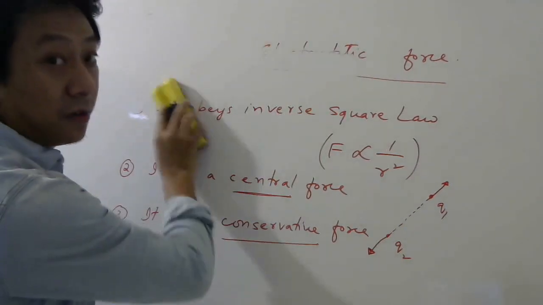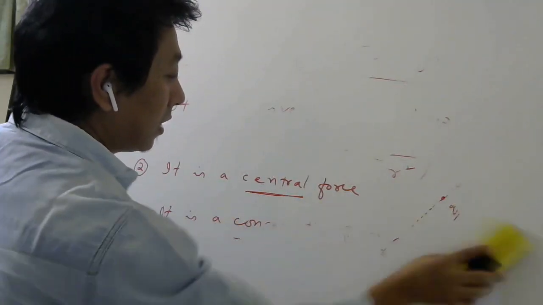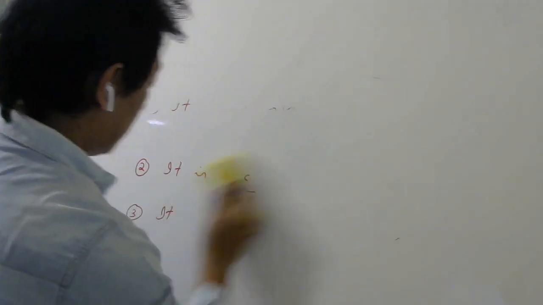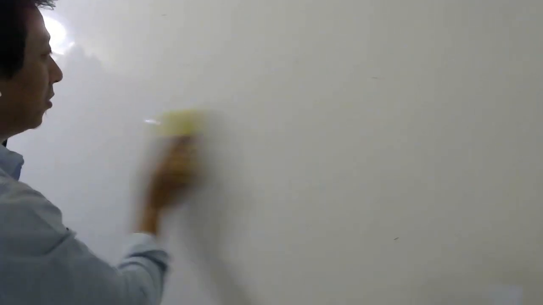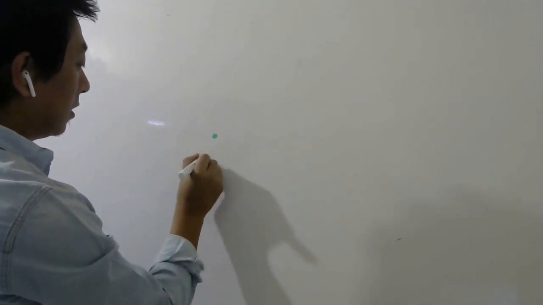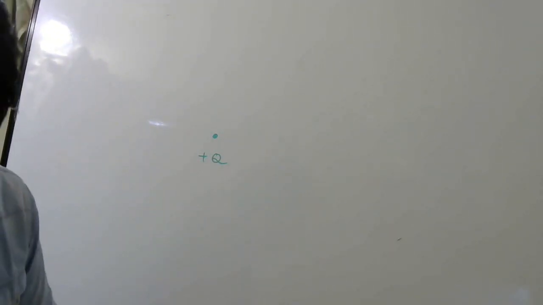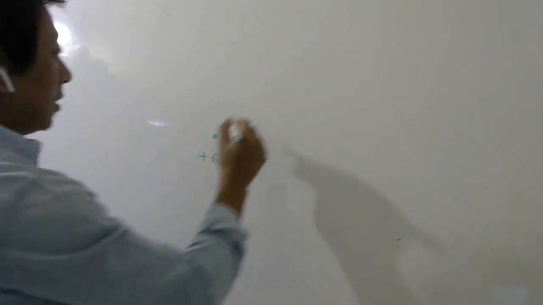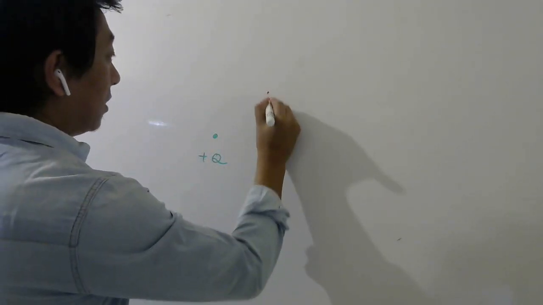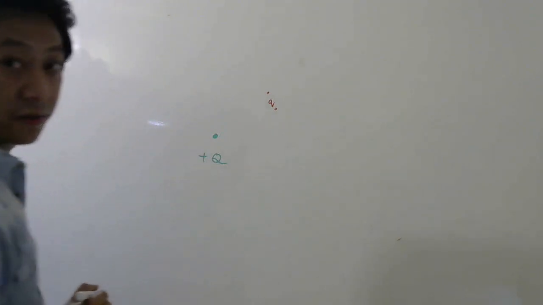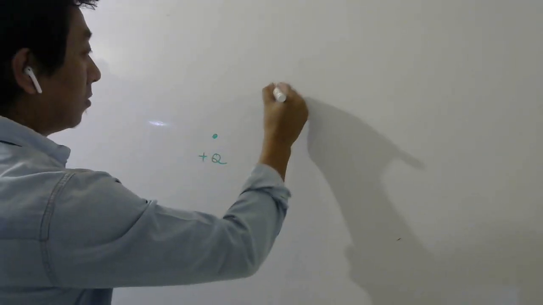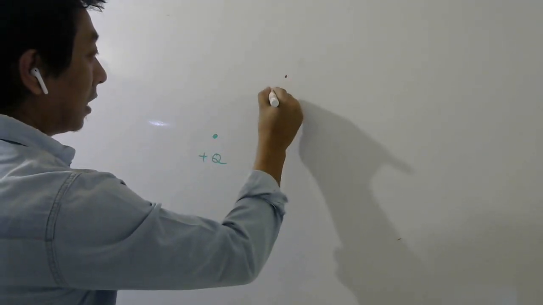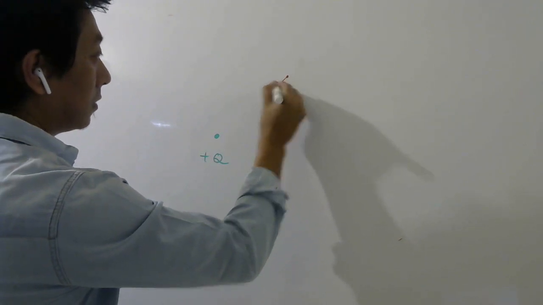So let me try to explain to you why electrostatic force is a conservative force. Imagine I have some charge plus q, small q, capital Q, whatever you want you can write. Now imagine I move another charge q naught from this point to this point, like this way I move.